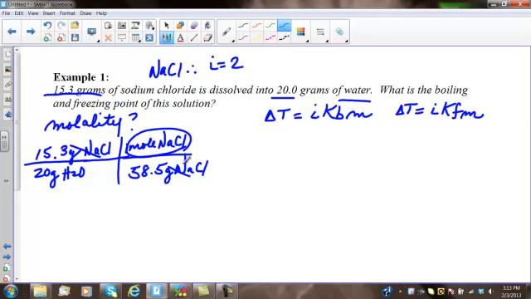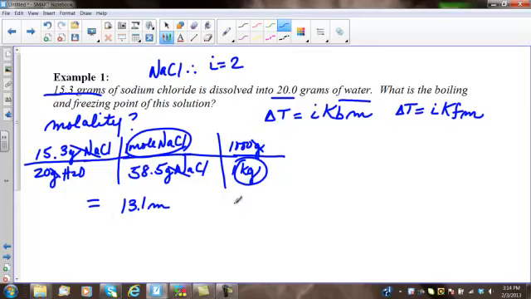And we know that molality is moles over kilograms. So we have 20 grams of water, and we know that 1 kilogram is equal to 1,000 grams. So grams cancel, and I'm left with moles over kilograms, which is what I needed. So 15.3 times 1,000 divided by 20 times 58.5 is going to equal 13.1 molal.